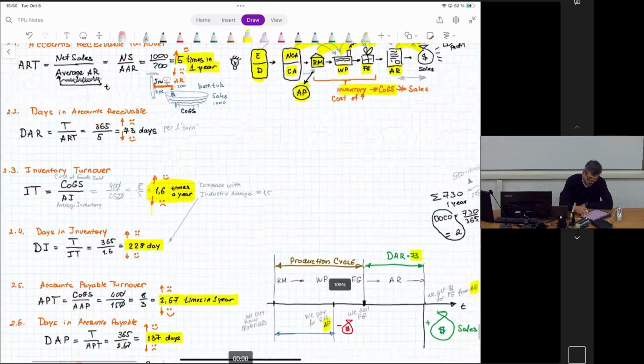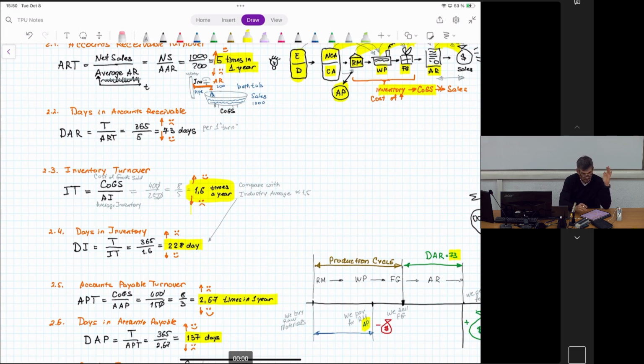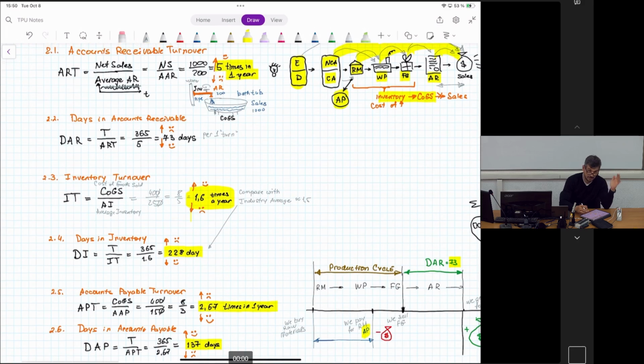Now, look, raw materials into work in progress, into finished goods, how long it takes to convert raw materials, work in progress, and finished goods is expressed in which ratio? Look at it and tell me. Yes, it's days in inventory, because inventory is raw materials, work in progress, and finished goods.